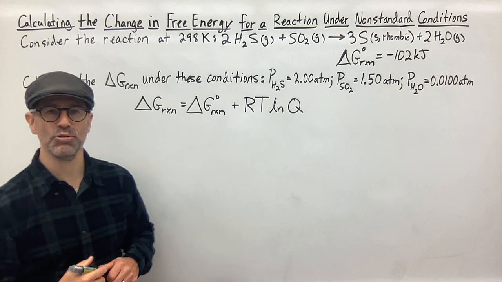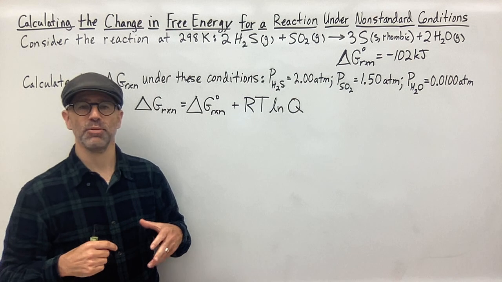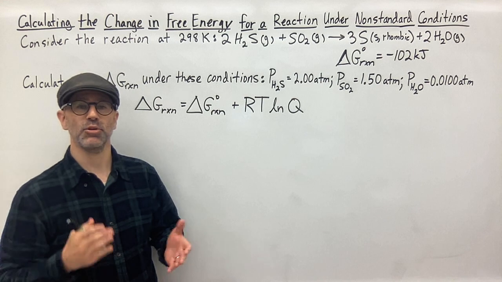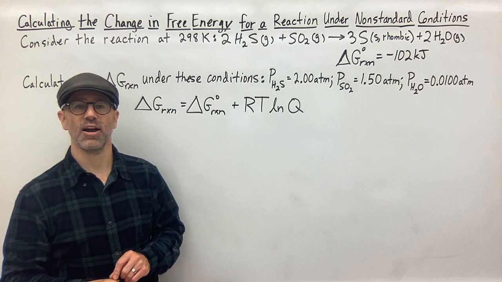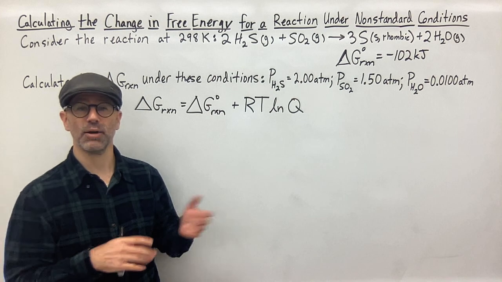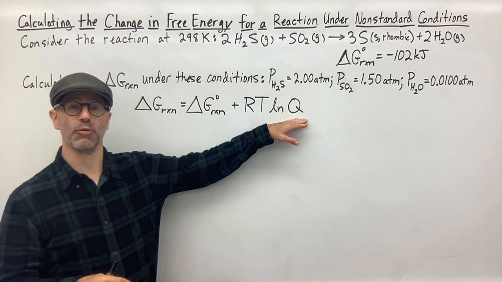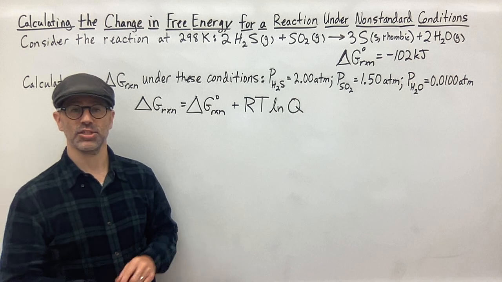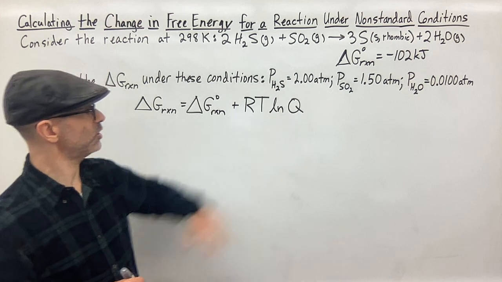You'll remember Q from your equilibrium equations, right? So you have the law of mass action for equations that have an equilibrium where they're reversible, they can go backwards. And Q, if you remember, is the reaction quotient for when you are not at equilibrium. So what conditions are you in? We need to calculate Q first.